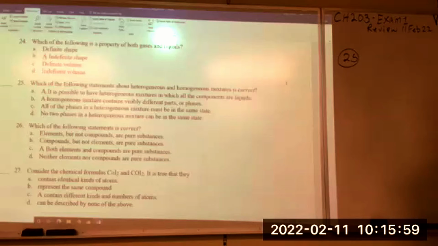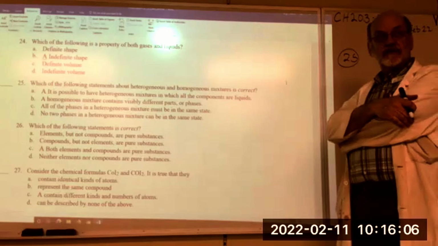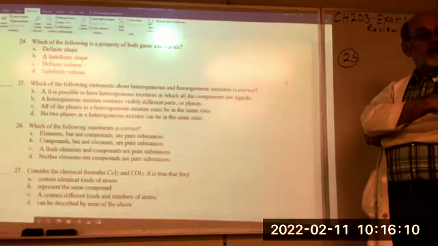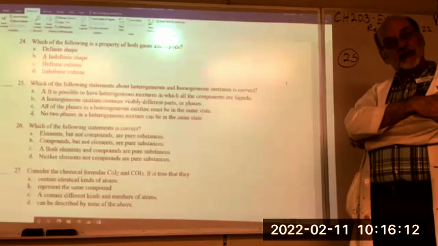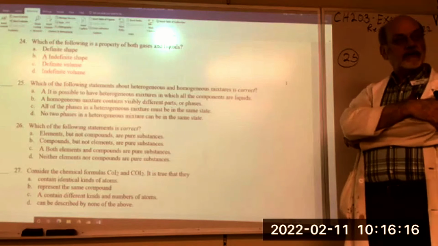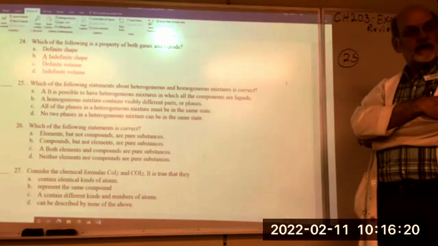No, the characteristic of a homogeneous mixture is everything's in the same phase. Even if you have a gas homogeneously mixed with a liquid, they're in the same phase, the liquid phase, even although the gas is dissolved in liquid.